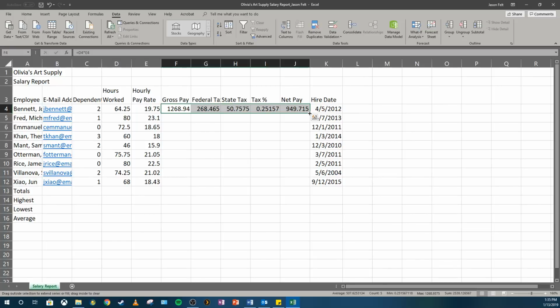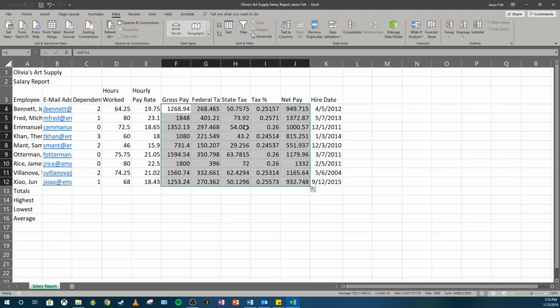And we're going to drag down to J12. And then it applied this formula all the way down. So D4 times E4, D5 times E5, D6 times E6, and so on. Now, in future modules, I'll show you how to modify these references to where you can control whether or not it actually fills down. We'll get into that later. So what we just did was we copied formulas using the fill handle.